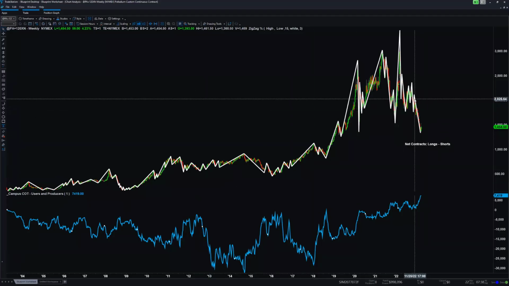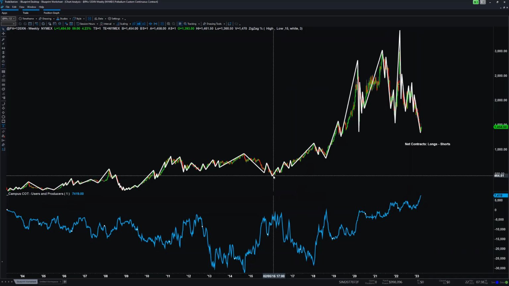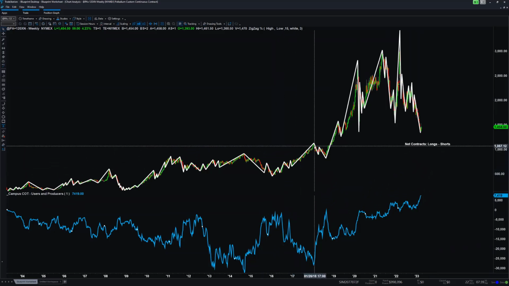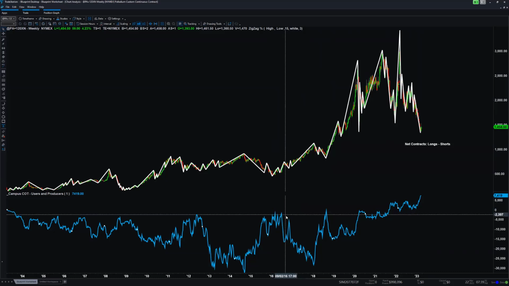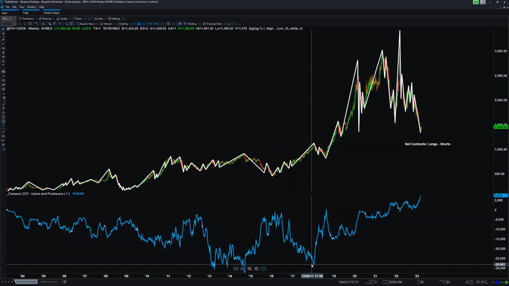Here, for example, we can see that the price of palladium declines and the commercials are buying. And here we can see the price of palladium rallies and the commercials are selling. So it seems like they're wrong, right? It seems like they're doing the wrong thing at the wrong time.